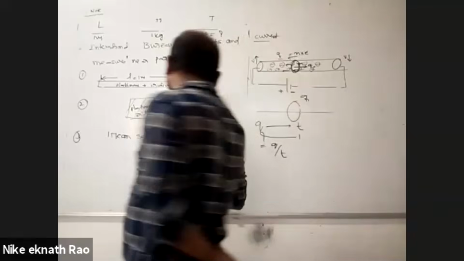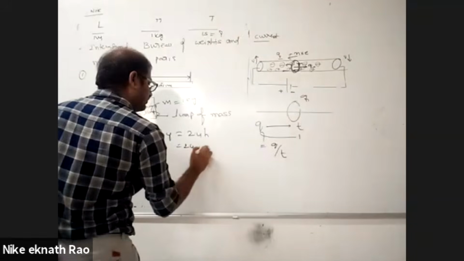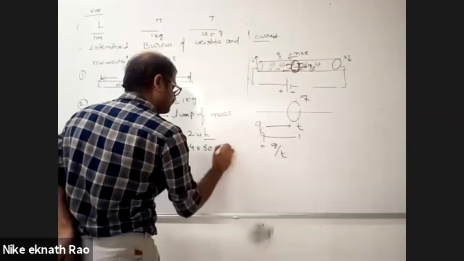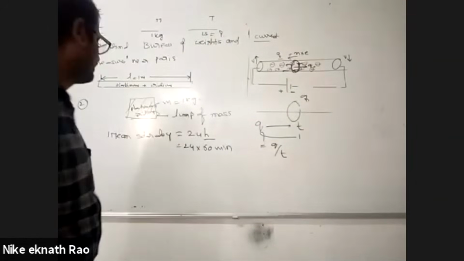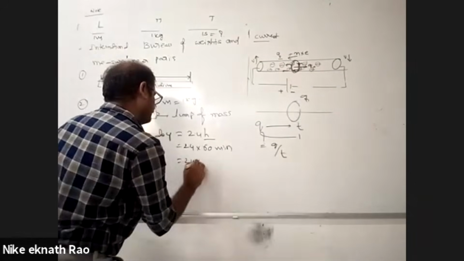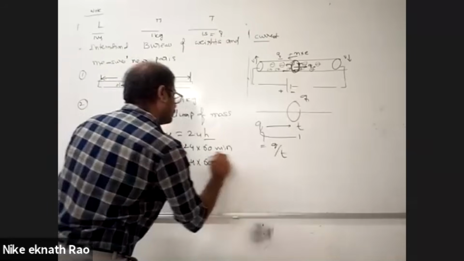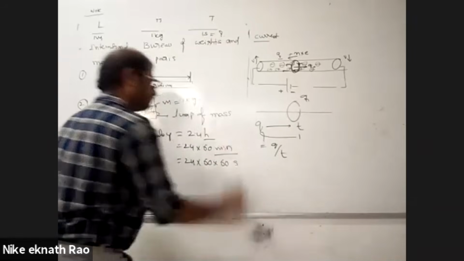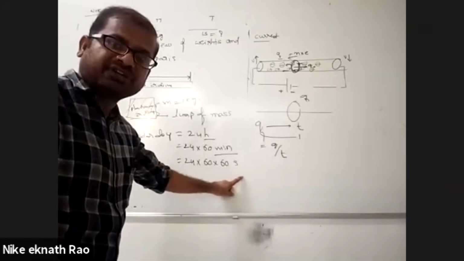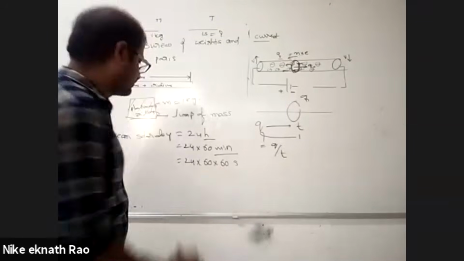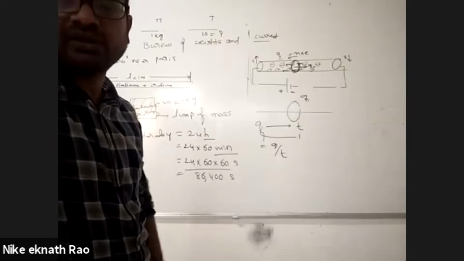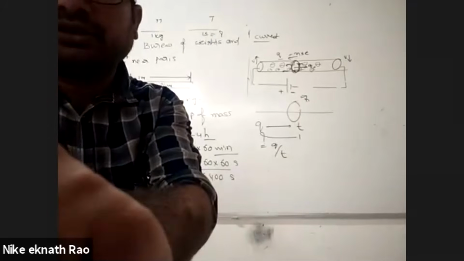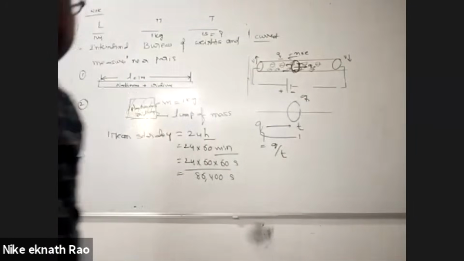So here, every hour we have taken as 60 minutes. So 24 into 60, and 1 minute is how many seconds? 60 seconds. So multiplying this, how much do you get? 86,400.